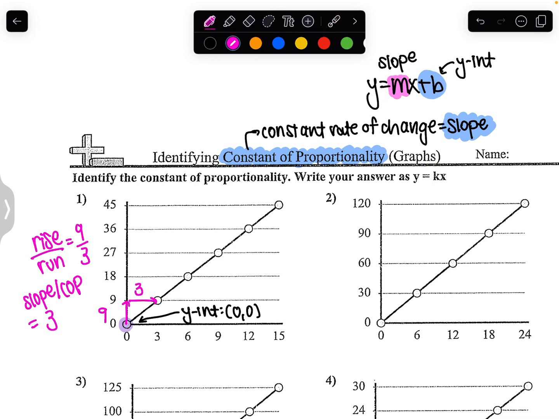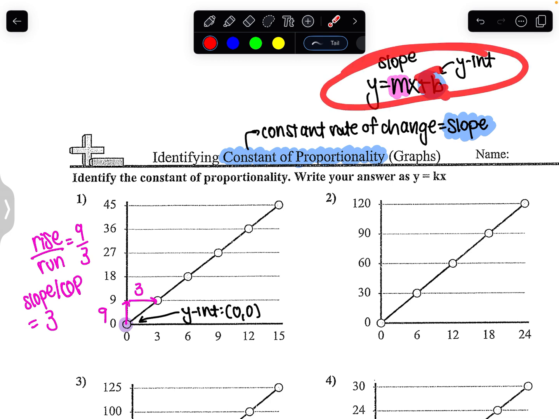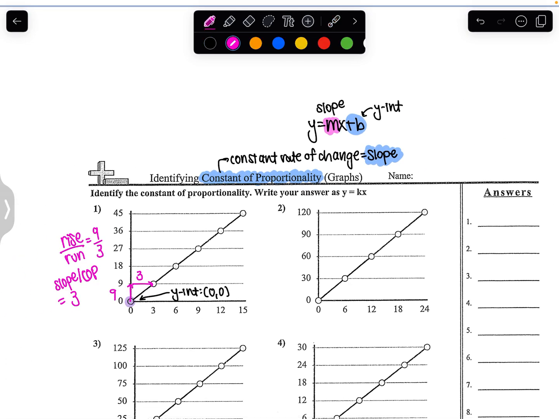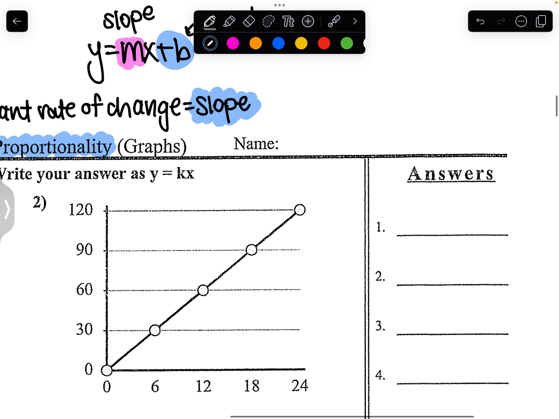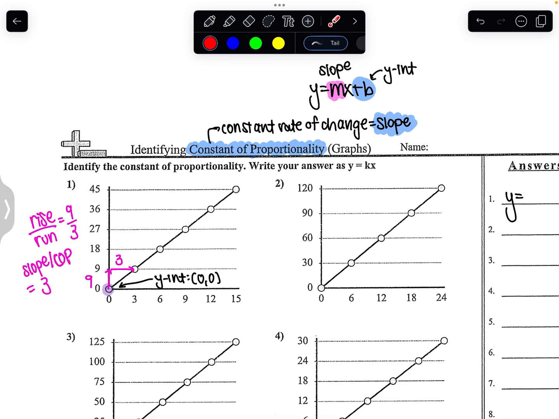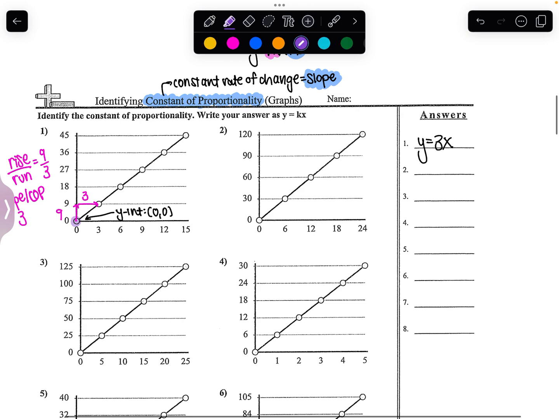I wish that it was taught as y equals mx, because then that would make this transition a little bit easier for us. But this is saying y equals mx plus b, but b is 0, and m is the same thing as k. Sorry. So for number 1, I'm always going to set it up as y equals, and then whatever I find my slope to be, which is going to be 3, that's going to be my coefficient of x, and then x. And that's it.